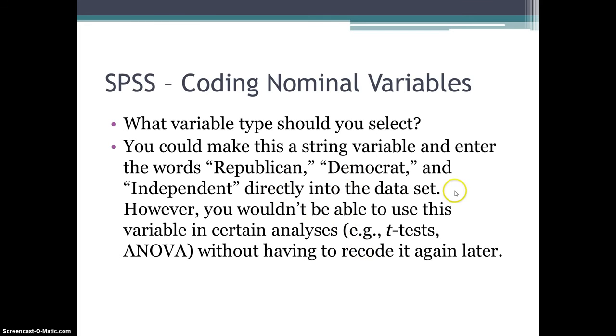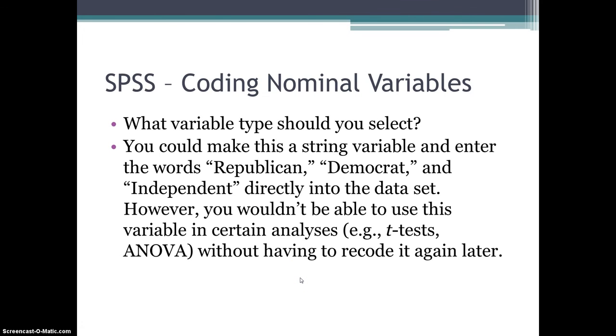Well, you could make it a string variable and just type in the word Republican, Democrat, or Independent, but you wouldn't be able to use that variable in certain analyses. Like you might say, are Republicans, Democrats, or Independents more likely to invest a certain amount of money in the stock market, maybe? And now you can't do it because you made a string variable, and SPSS won't even recognize it sometimes.